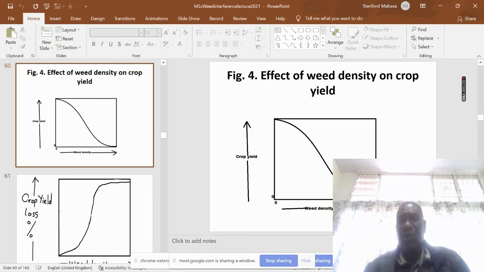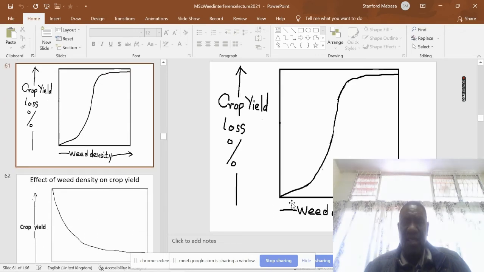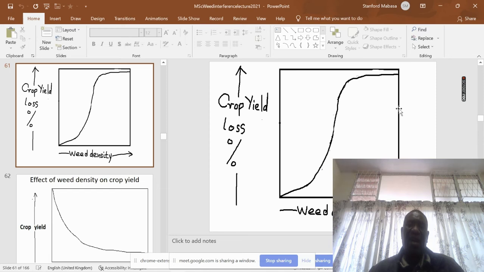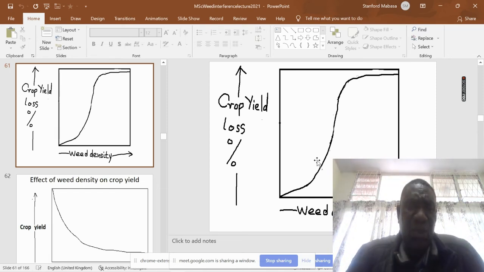But if you use your control to estimate the crop yield loss, you get a graph like this one. And normally this is the tool which is used. This sort of a graph, which is the sigmoid curve.